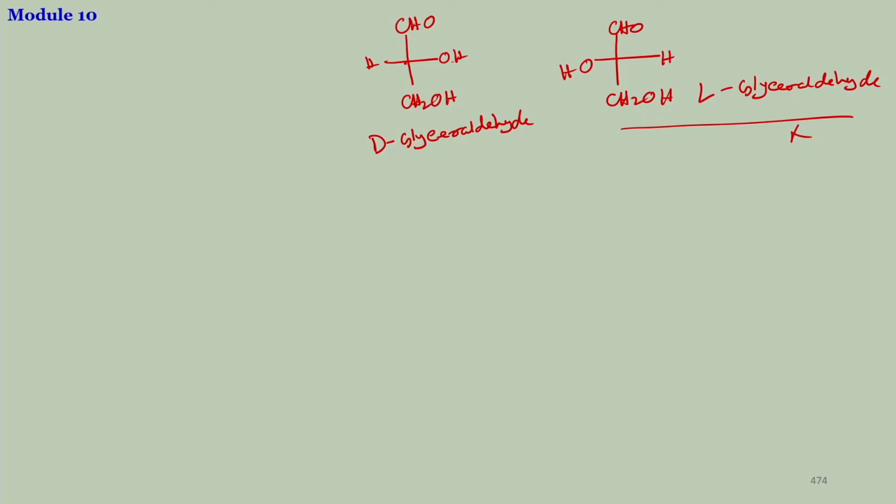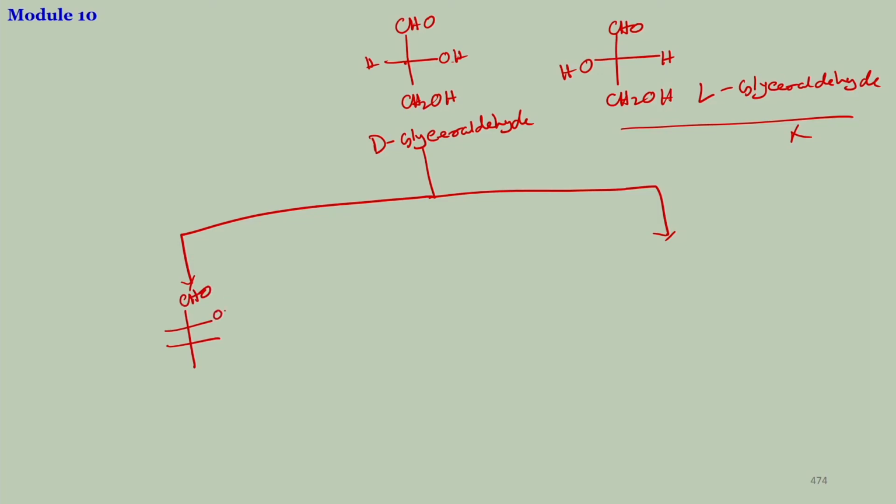Now, if you go one carbon up from D-glyceraldehyde, you get two carbon chiral centers.